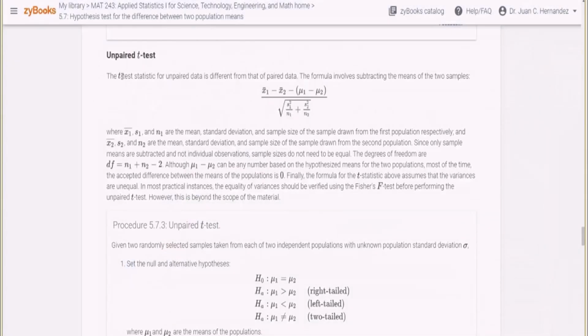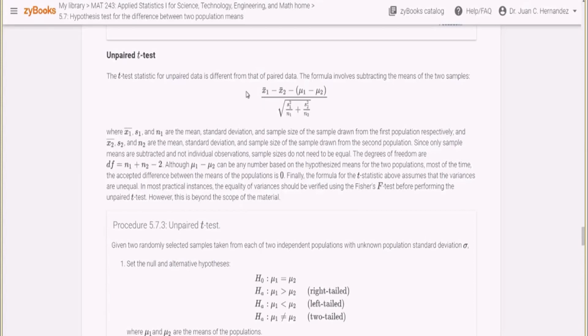Now we look at the unpaired t-test. Just recall Professor Wan mentioned that in an unpaired t-test, you're really comparing two different populations. The case is not where you have a post and prior treatment samples. You're comparing two different populations, hence you have two different population means as given here.